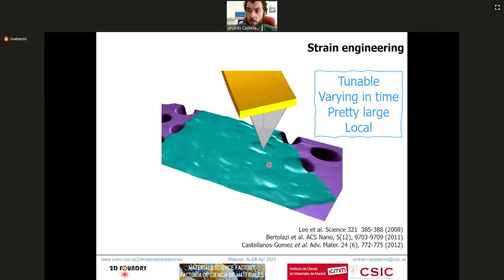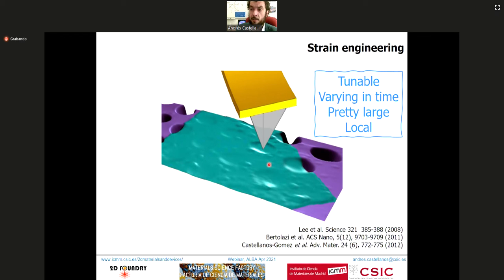On the other hand, in two-dimensional materials you can apply strain at will. You can think of two-dimensional materials almost like a sheet of rubber. You can pierce it, you can fold it, you can wrinkle it, you can apply strain in many different ways. And moreover, you can change the strain in time. This is a very unique feature if you compare with three-dimensional semiconducting materials.